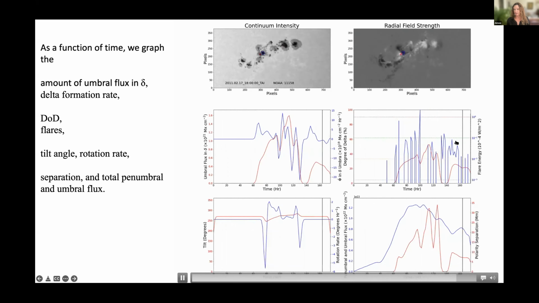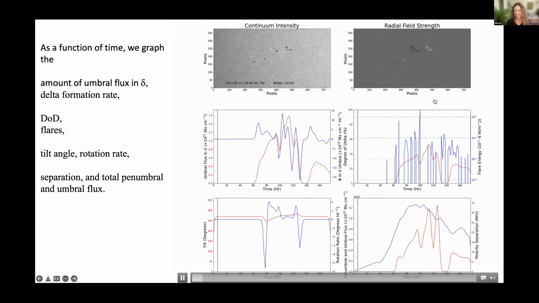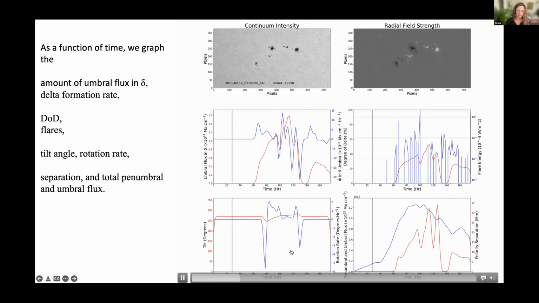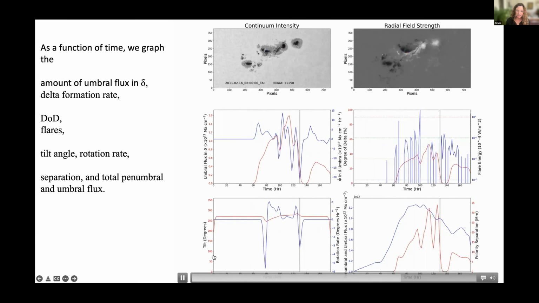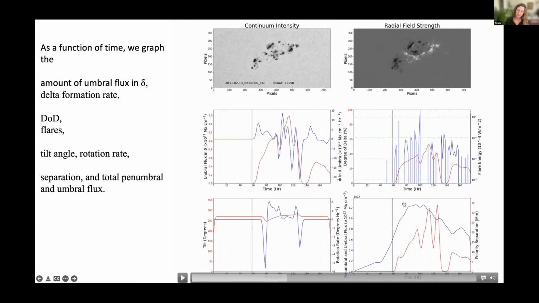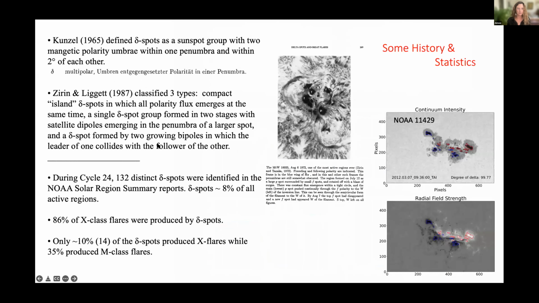So this is X, M, C, I think, are these lines. And at the bottom plots, we plot the tilt and the rotation rate in blue, and then the total penumbral and umbral flux and the polarity separation. So this code's trying to do a lot actually. But that's basically what we're doing, and I'll show results at the very end.